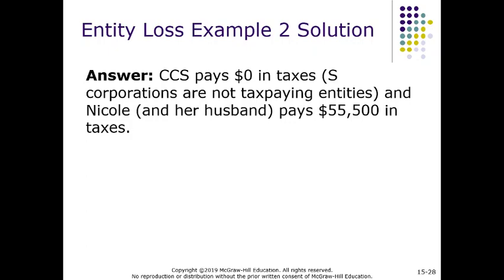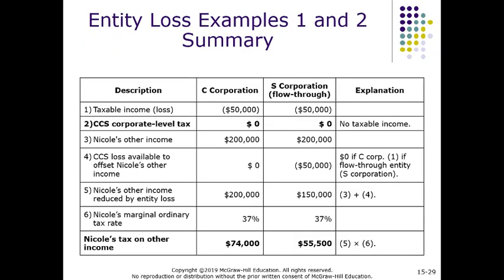So CCS pays zero, and Nicole and her husband pay $55,500, which is going to be $150,000 times 37%. So there's the comparison.